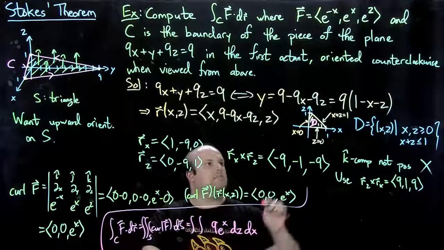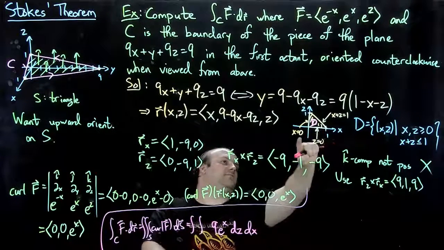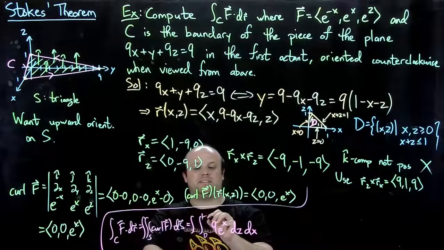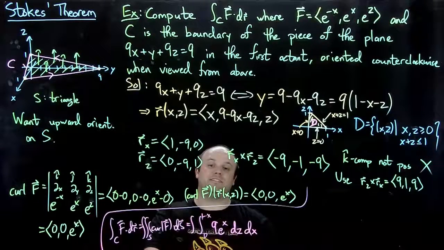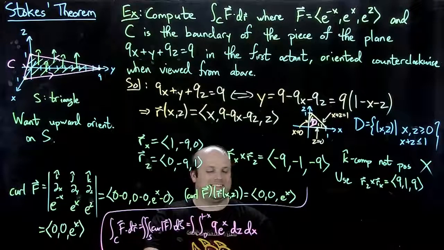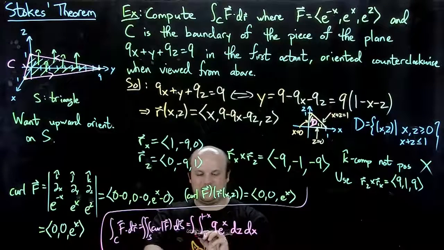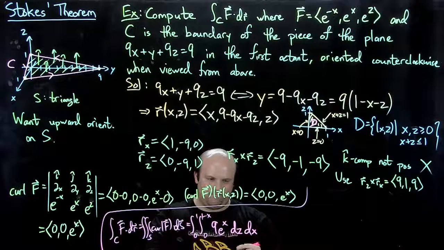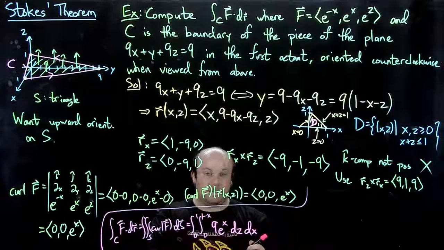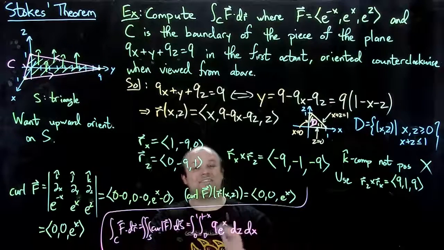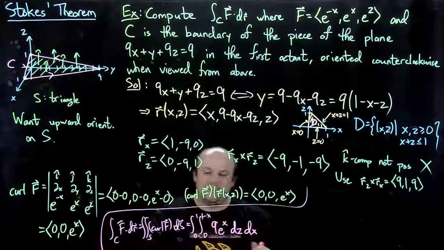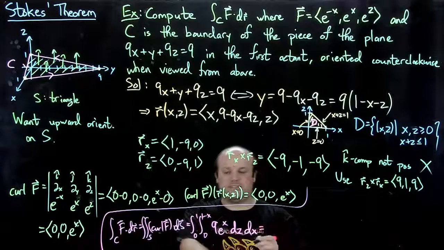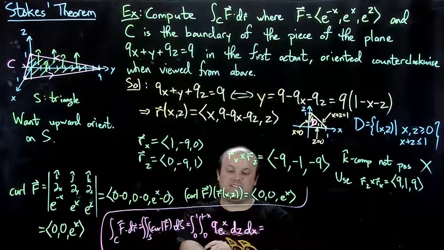Right? So z goes from 0 to 1 minus x. I just realized this isn't going to be as quick as I thought. And then x is going to go from 0 to 1. Yeah, this actually isn't going to be as quick as I thought. All right, so when we integrate this with respect to z, it's from 0 to 1 minus x.